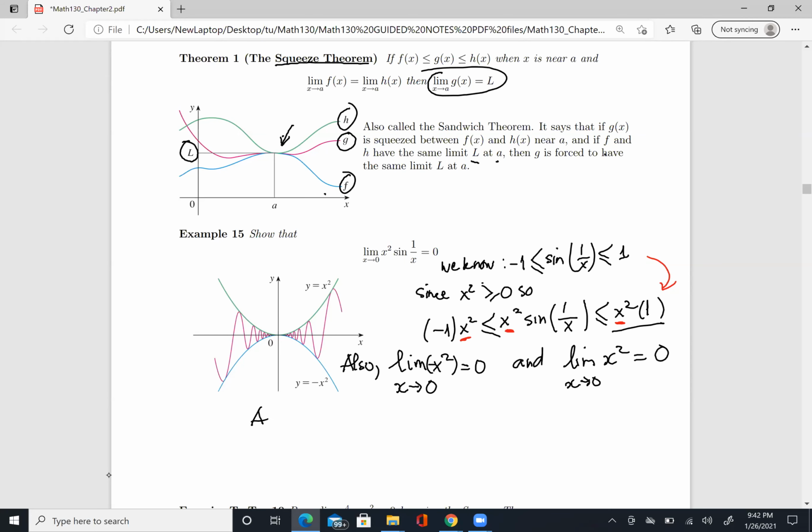So I'm going to say apply the squeeze theorem.